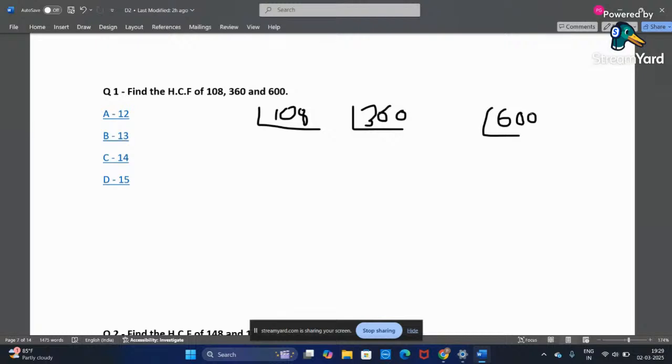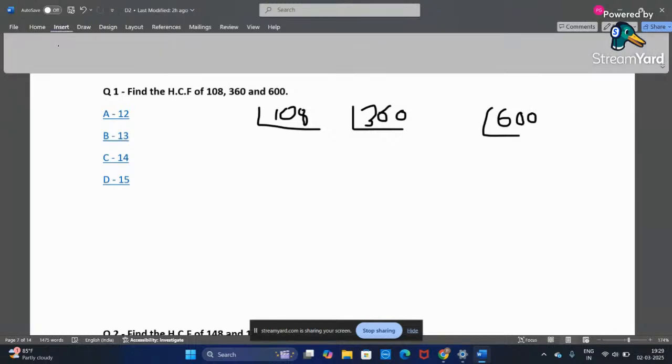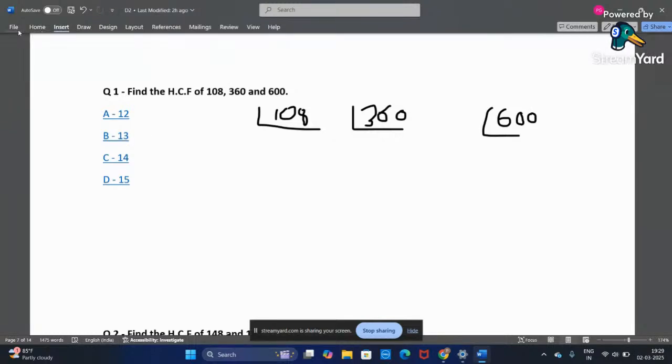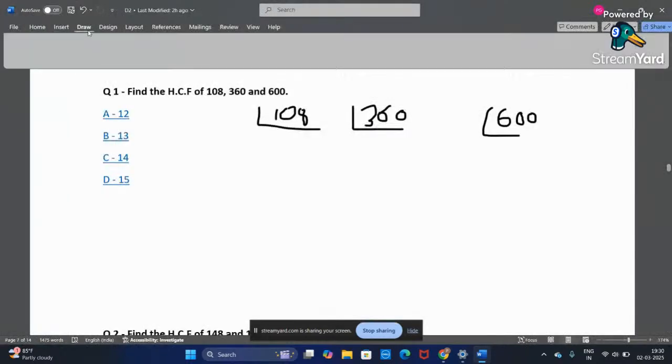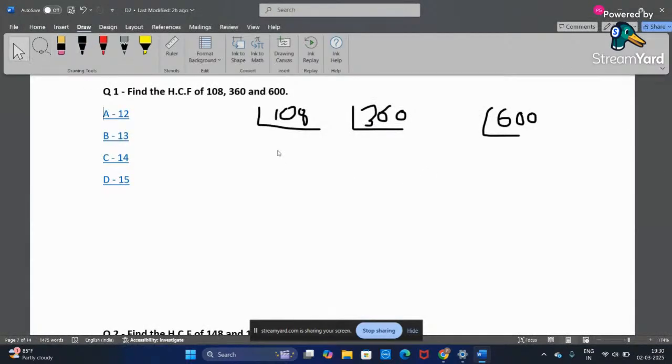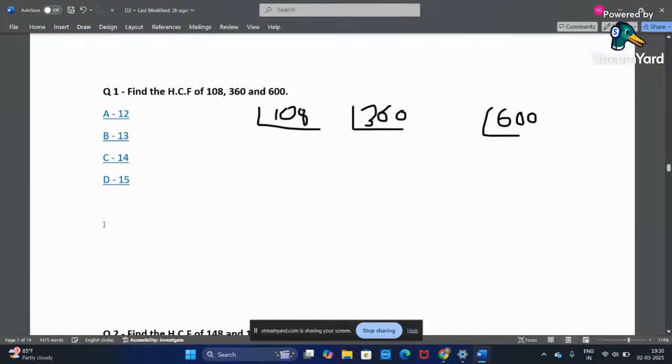Find them first. For 108, what are the values we are getting?